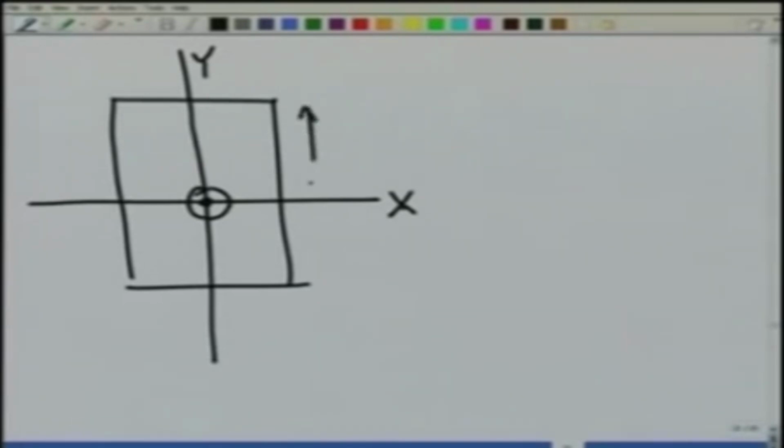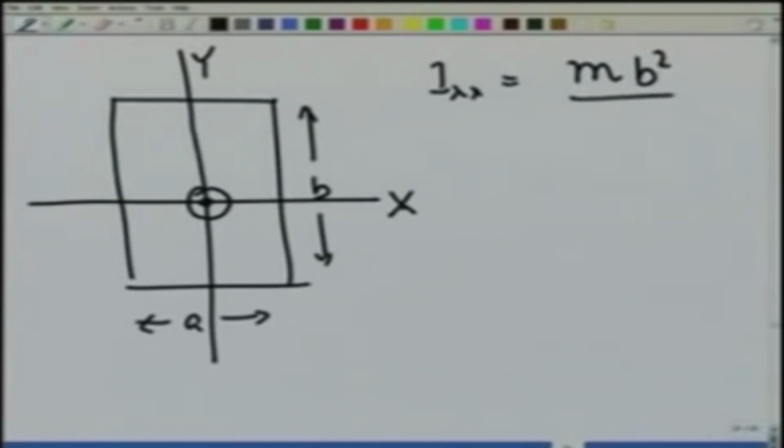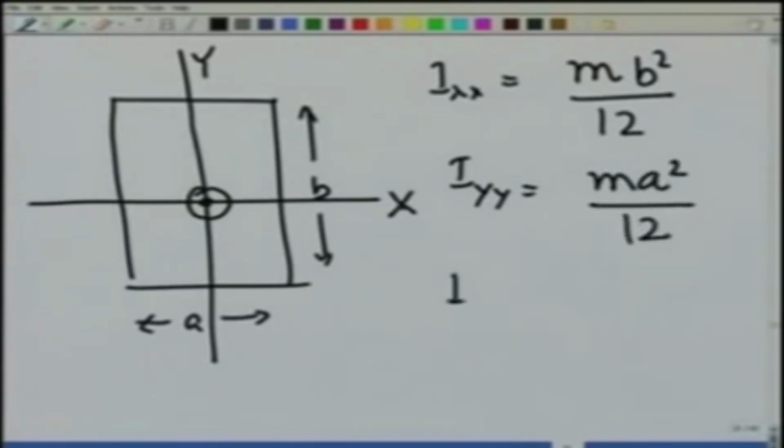This length is b, this length is a. So, I x x is going to be, if the mass is m, m b square over 12, I y y is going to be m a square over 12, and I z z is going to be, by the perpendicular axis theorem, I x x plus I y y.